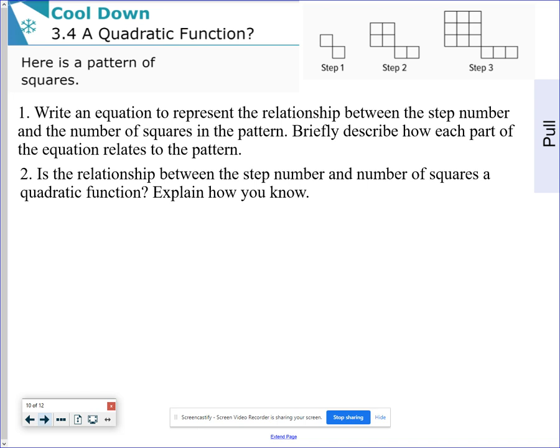You should be looking for squares in our pattern. And I have squares. I'm going to go with this right here is my step number squared. And then I'm adding on this one extra square. I'll get back to that one in a second because I think it gets easier as we see more of it. Here is our step number squared.